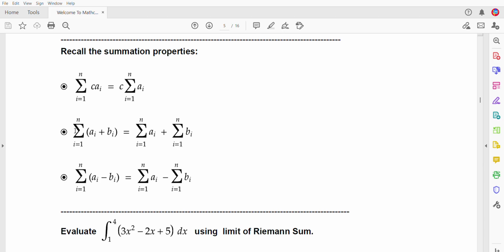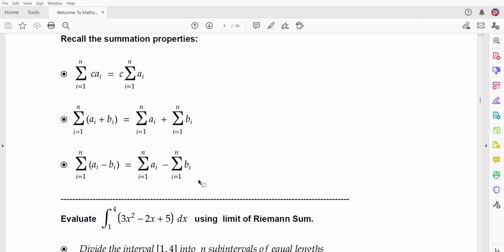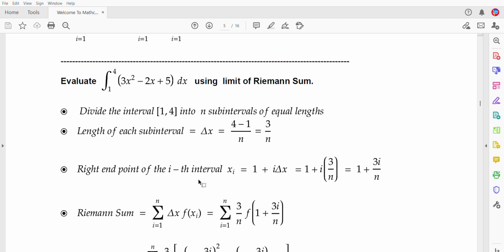Summation i going from 1 to n of a_i plus b_i, well, the summation will split: summation i going from 1 to n of a_i plus summation i going from 1 to n of b_i. Likewise, summation i going from 1 to n of a_i minus b_i, the summation will split: summation i going from 1 to n of a_i minus summation i going from 1 to n of b_i. Let's continue then with the next problem in our next video.